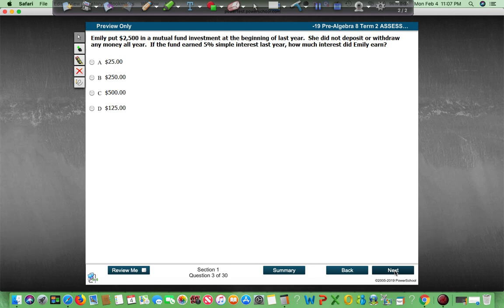Emily put $2,500 in a mutual fund investment at the beginning of last year. She did not deposit or withdraw any money all year. If the fund earned 5% simple interest last year, how much interest did Emily earn?